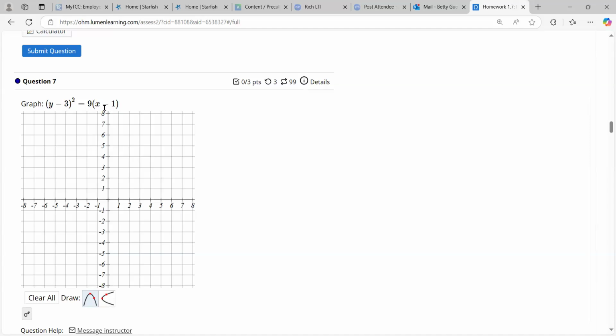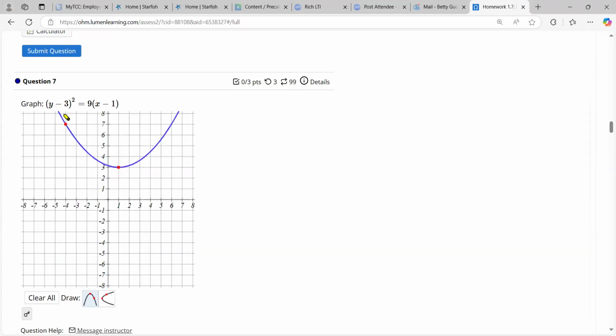In the parentheses, the number with x is -1. Its opposite is +1. So h is 1, k is +3, the opposite of -3. So this parabola opens to the right with the vertex (1, 3). So firstly, you find that.